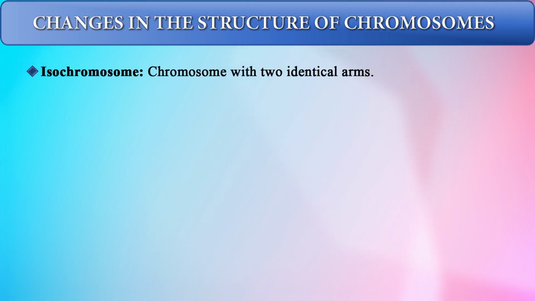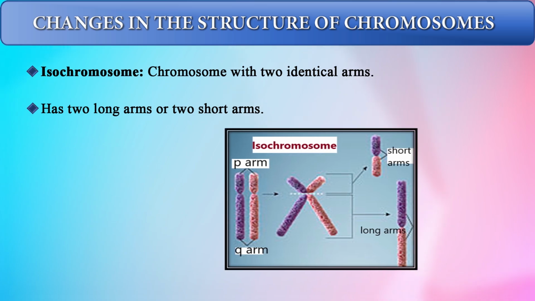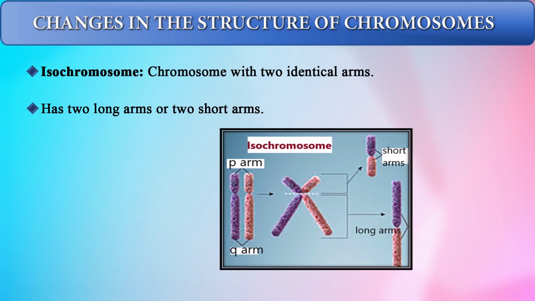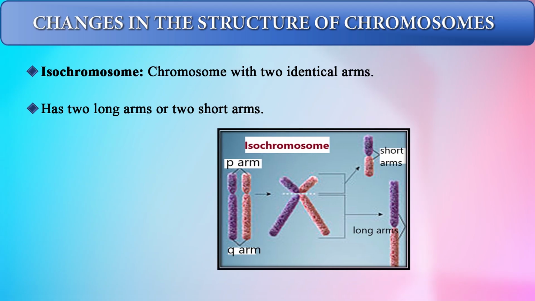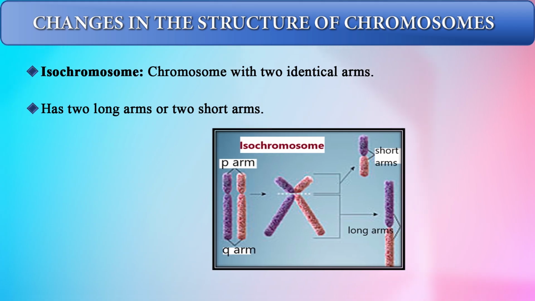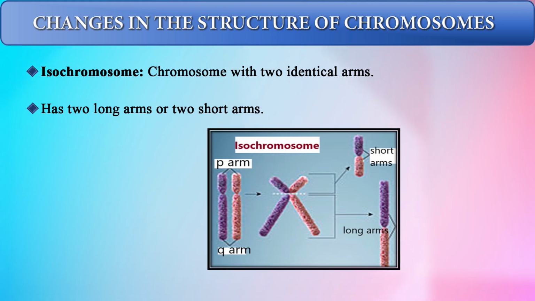Isochromosomes. These are chromosomes with two identical arms. Either they have two long arms or two short arms. Right now when I am explaining this, you may not be very clear about why we are explaining this, but in the later part of my lecture, you will understand when we discuss Turner syndrome and Down syndrome, and the many cases of mental retardation occurring among children that are born.